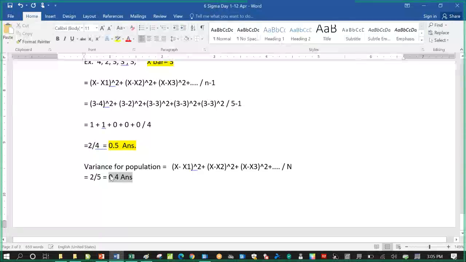Dhiren, I have a doubt. Please tell me. If I have to calculate for the complete organization, everybody, then I would go with population, right? But if I'm calculating for each department, then it would be sample. That can be one way.